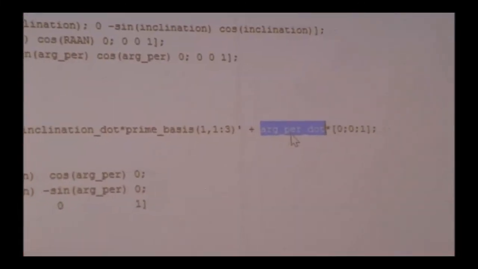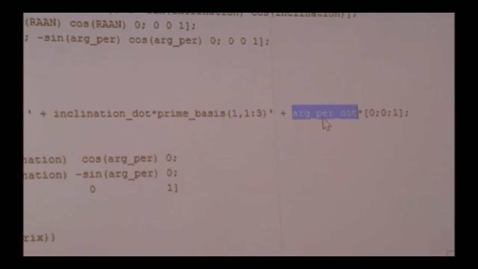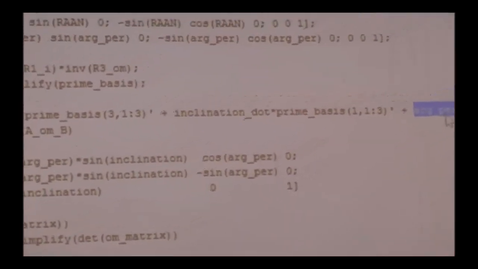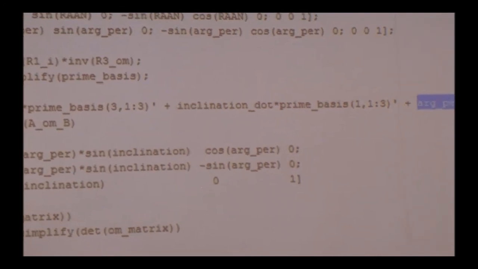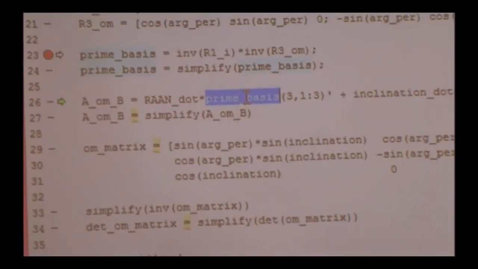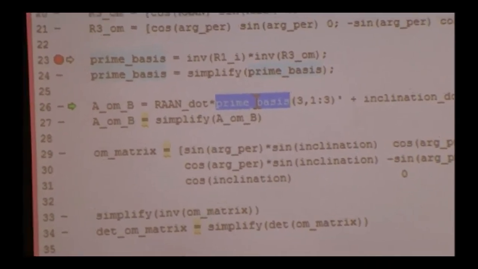The one in the middle is I dot, the inclination dot, times that prime basis, and I'm only taking the first row because this is x prime. The one in front is the big omega dot, times the third column of this. And so I put it together.